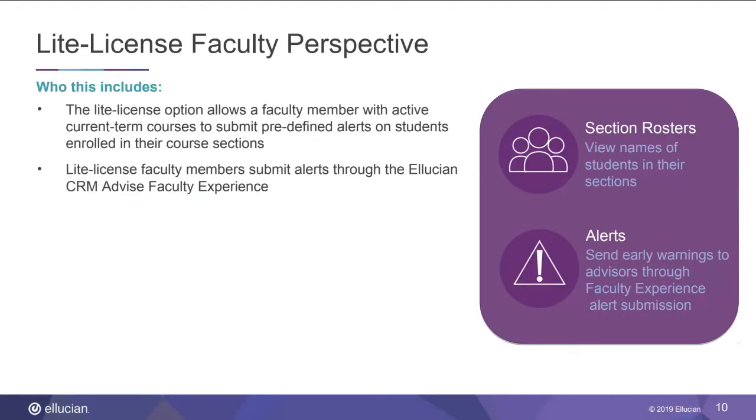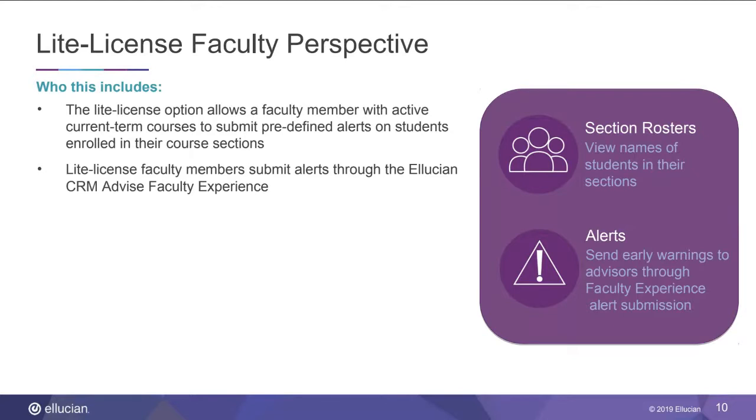For our faculty perspective, you all will see a light version. So you'll get to see your roster, so you'll get to view the names of all the students in your sections, and this is where you will then send your alerts. You are able to click on more than one student for the same alert. However, you cannot click on more than one type of alert for one student.